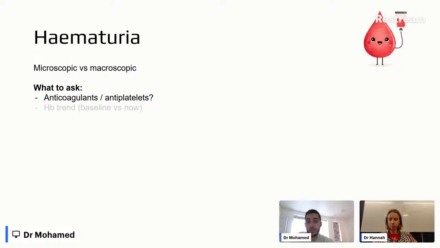This is really important. Something that you also want to check is their hemoglobin trend. So has there been a shift in hemoglobin? And that gives you an indication as to how long they've been bleeding for and how bad that bleed is. And this is, of course, really important because someone may have what's referred to as rosé hematuria, which is fairly light. It looks like rosé wine or diluted squash.